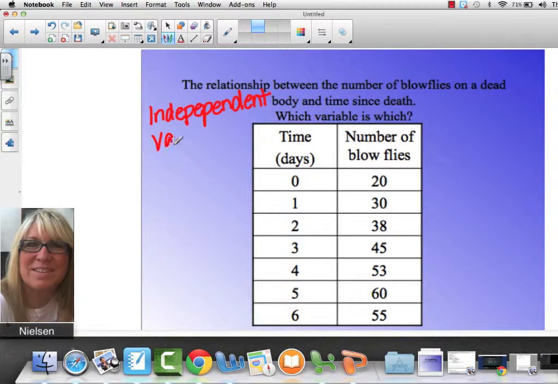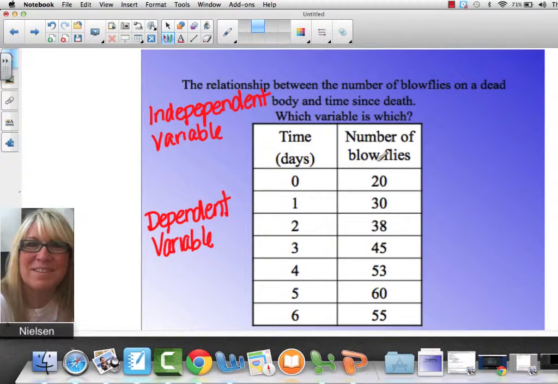Remember that the independent variable is something that you, the experimenter, has control over, meaning it's something that you can manipulate or change.